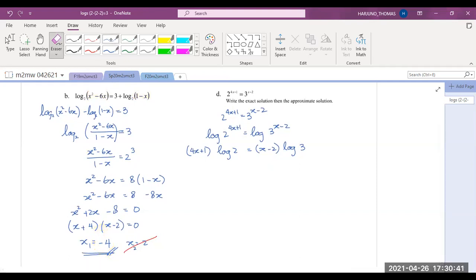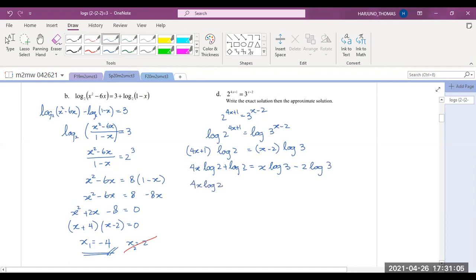Now let me go on to part D. I will distribute that log 2 and then isolate the x term on one side.